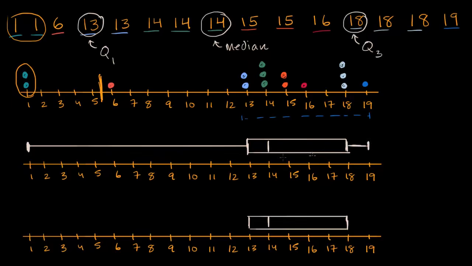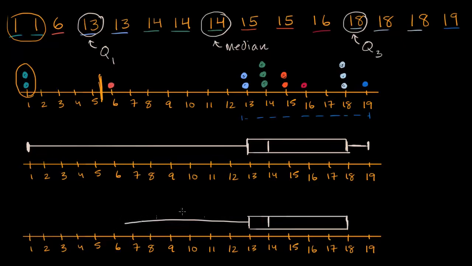Now in this one, we're including everything. We're including even these two outliers. But if we don't want to include those outliers, we want to make it clear that they're outliers, well, let's not include them. And what we can do instead is say, all right, including our non-outliers, we would start at 6, because 6 we're saying is in our data set, but it is not an outlier. Let me make this look better.